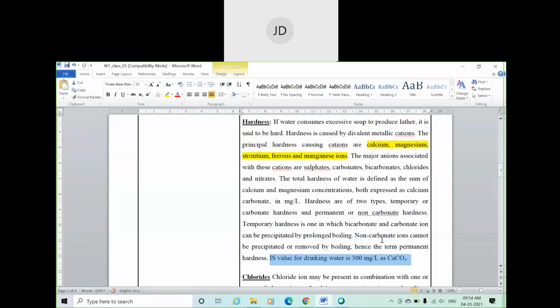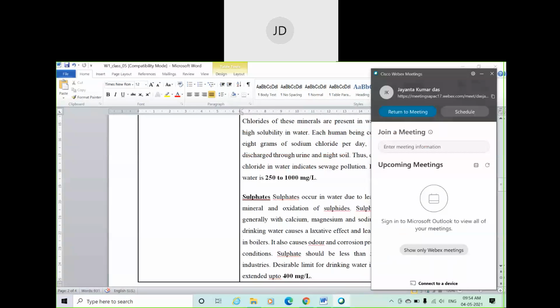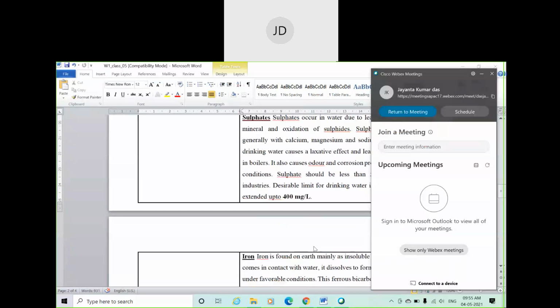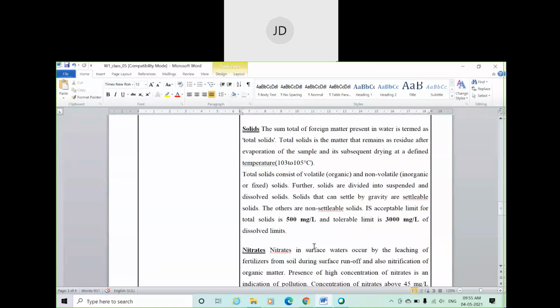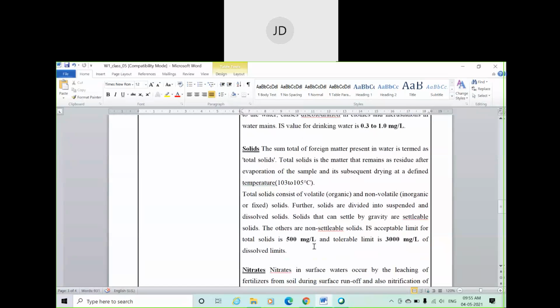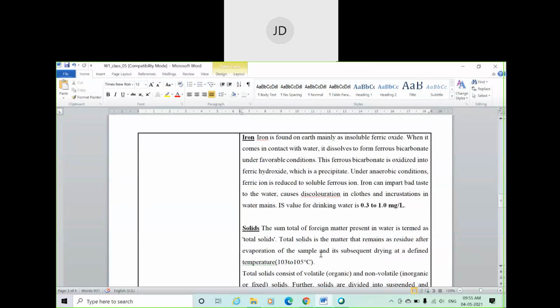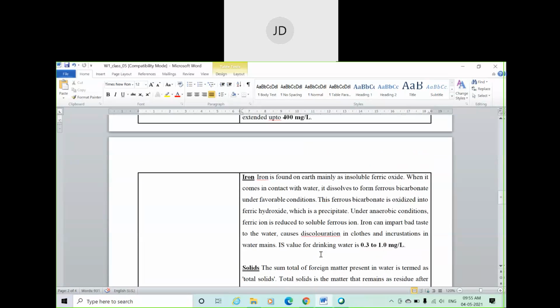Similarly, the presence of chlorides, sulfates, iron, and nitrates all have some permissible range. You don't have to remove all these things completely, but we need to maintain the range.